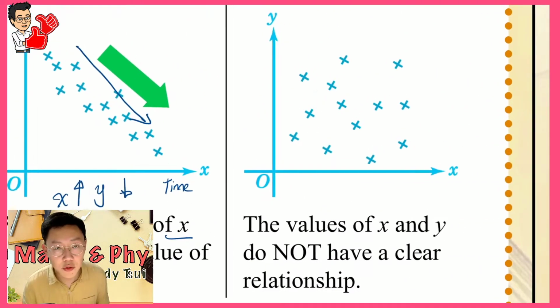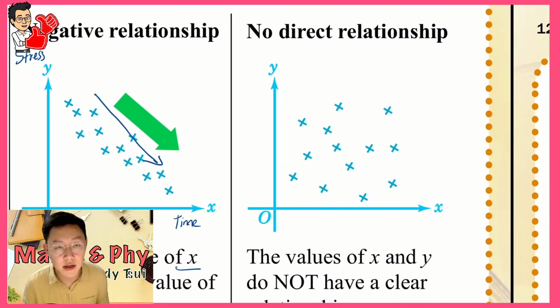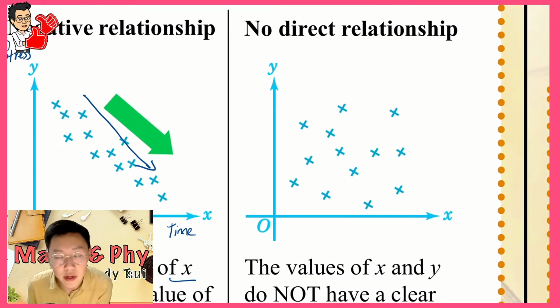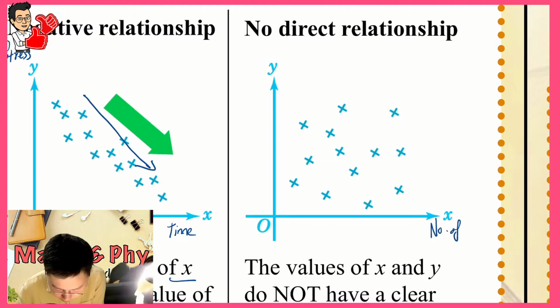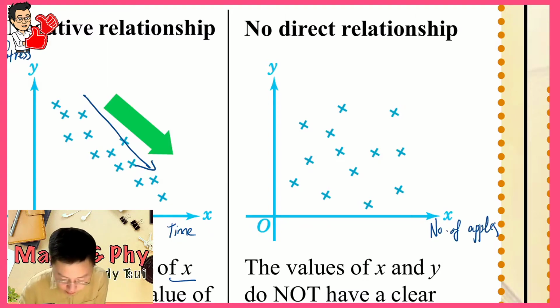So now I want to show you this one, and you can see there is no direct relationship. Maybe I can give you one example: for the x-axis, it can be the number of apples that you eat each day, and the y-axis can be your uniform test results.